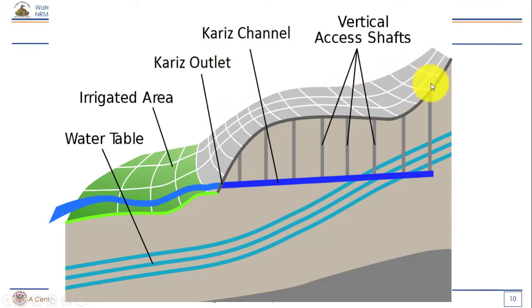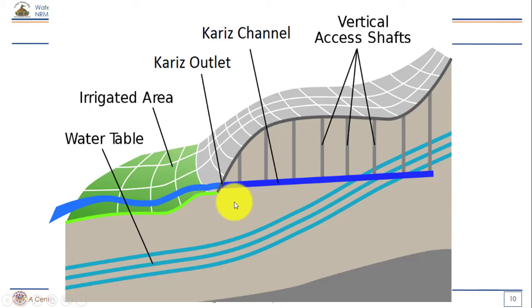People will come over here, pump this well, and get access to water. The advantage of this system is that these wells are connected to the main outlet over here, so water can flow to the lower regions, to people who are away from the groundwater or the well.